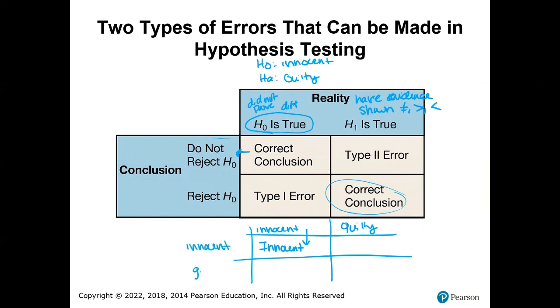If they're innocent, they should be found innocent. That is correct. If you claim that an innocent person is no longer innocent and that they are guilty, you have made a wrong assessment. If they were truly innocent and you send them to jail, that's not correct.